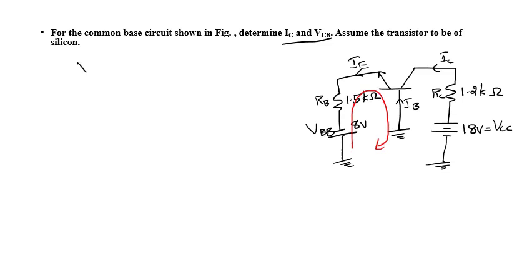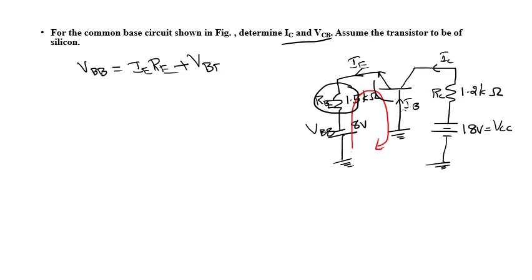So the supply voltage VBB should be equal to the voltage across this resistance, and since there is no resistance here, there won't be any voltage at the base region. So this is not RB, this is RE. So IE RE, the voltage across RE, plus VBE.